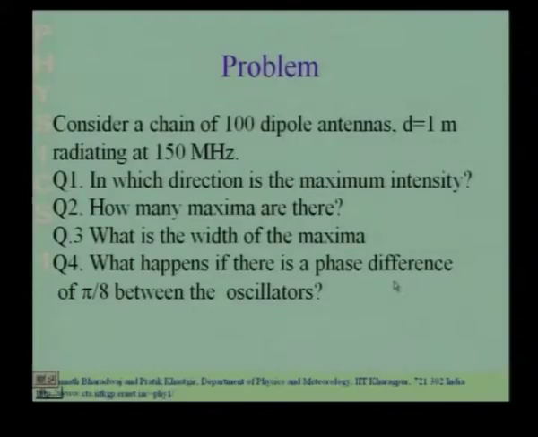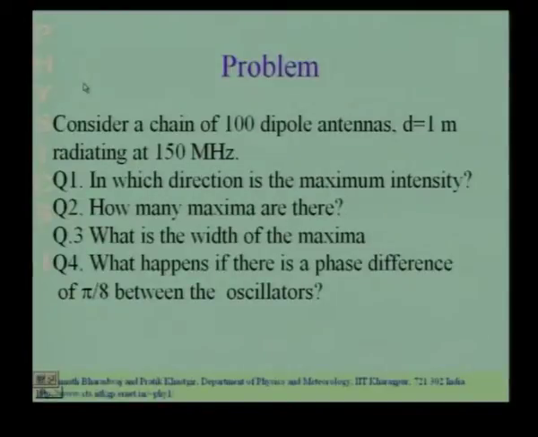And then in the last class I had given you a problem, and I had asked you to attempt this problem. So, let us now take up this problem and discuss its solution. In this particular problem, we have a chain of 100 dipole antennas, each at a spacing of 1 meter, emitting radiation at a frequency of 150 megahertz.